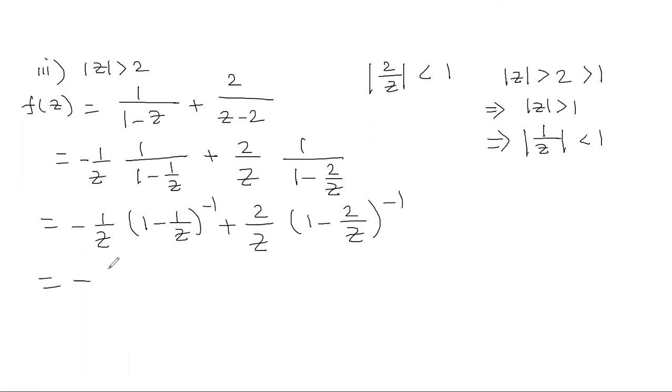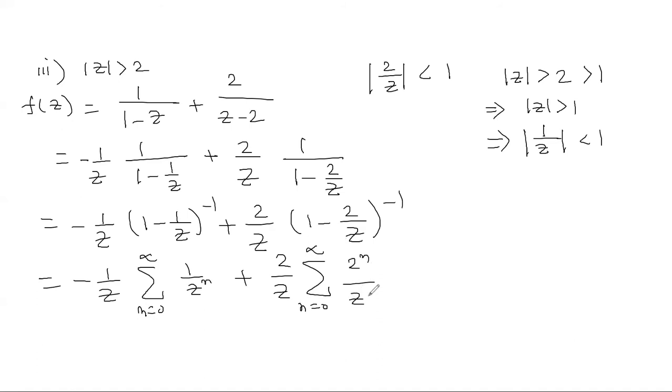Here we'll get, n equal to 0 to infinity 1 by z power n plus 2 by z, n equal to 0 to infinity 2 power n by z power n.